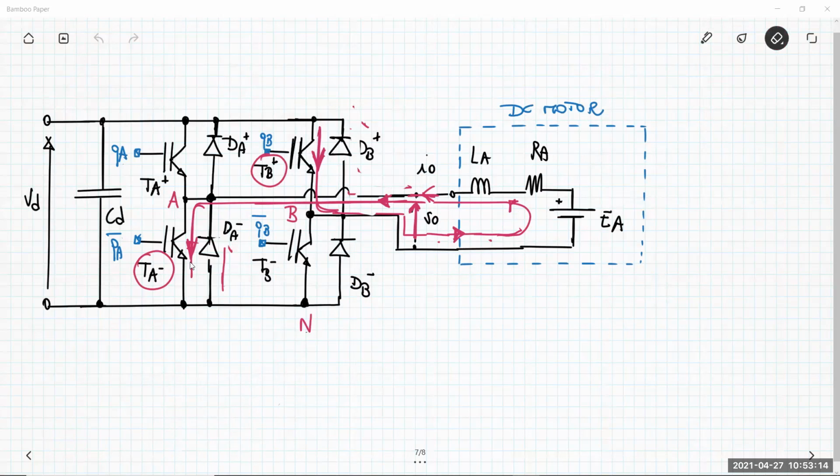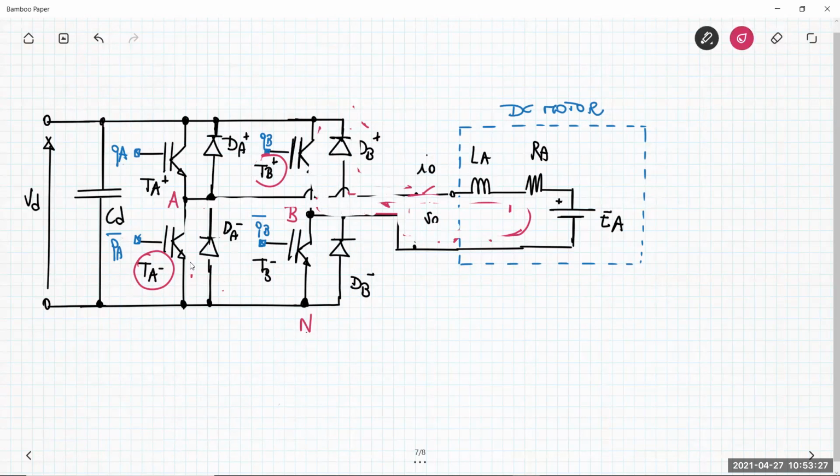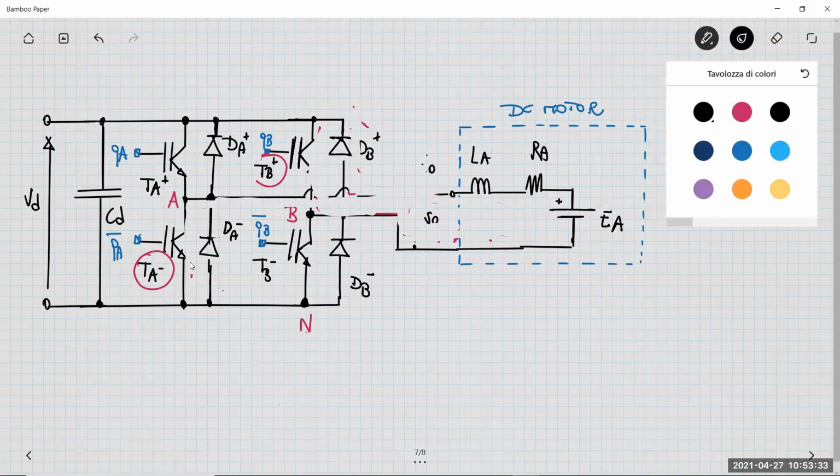So you are considering, let me, sorry, clean up the screen to avoid confusion.